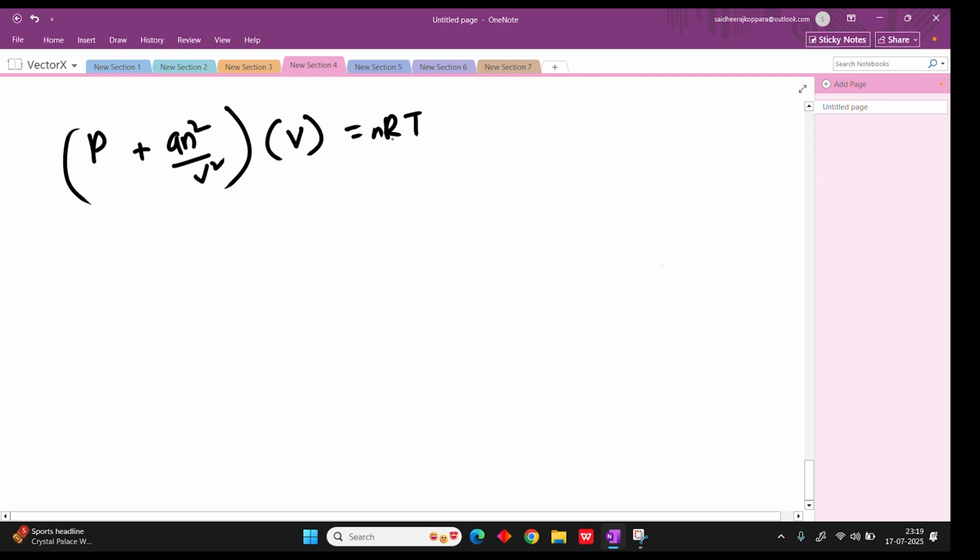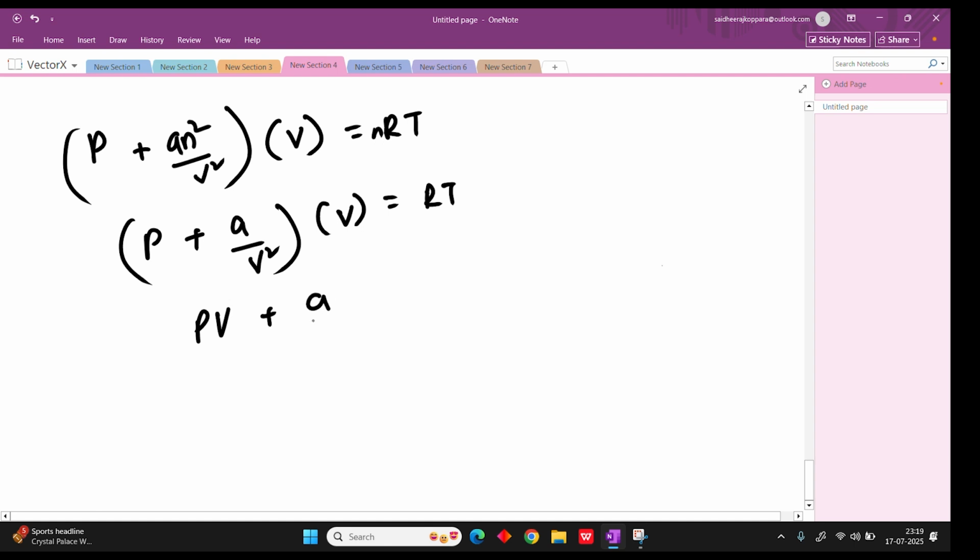Let us assume the value of n is 1. Then it is (P plus a by V square) into V equals RT. Okay. Then PV plus a by V equals RT.